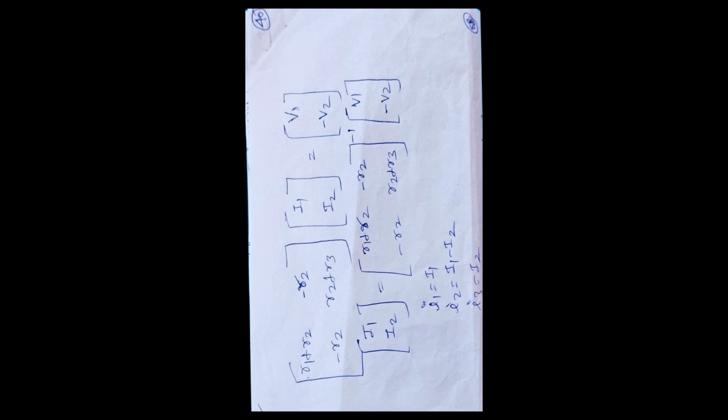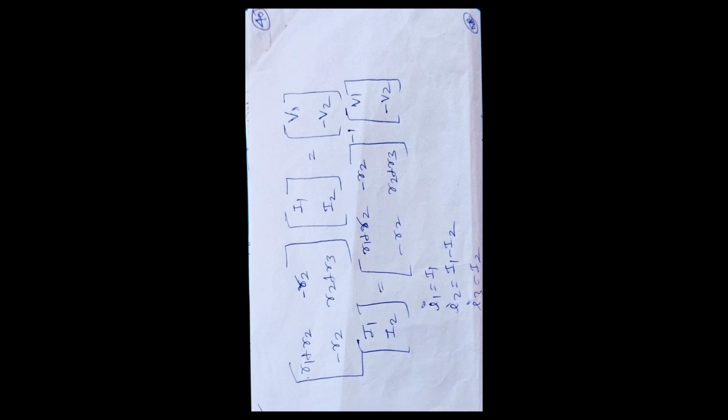The last parameter of the second row is from mesh 2, which contains R2 and R3, so R2 plus R3. The common element of mesh 1 and mesh 2 is R2, so put R2 as the off-diagonal parameter with negative signs. Times [capital I1, I2] is equal to [V1 minus V2].